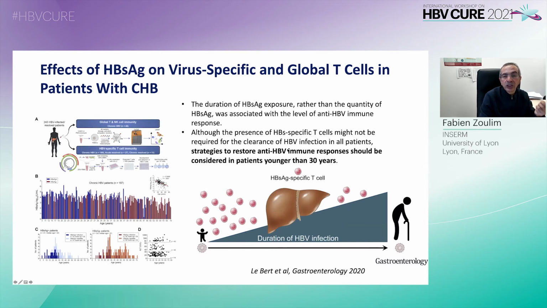They showed that the duration of HBs exposure, rather than the quantity of HBs antigen, was associated with the level of anti-HBV immune responses, and suggested that strategies to restore anti-HBV immune responses should be considered in patients younger than 38 years of age. So this is really interesting.